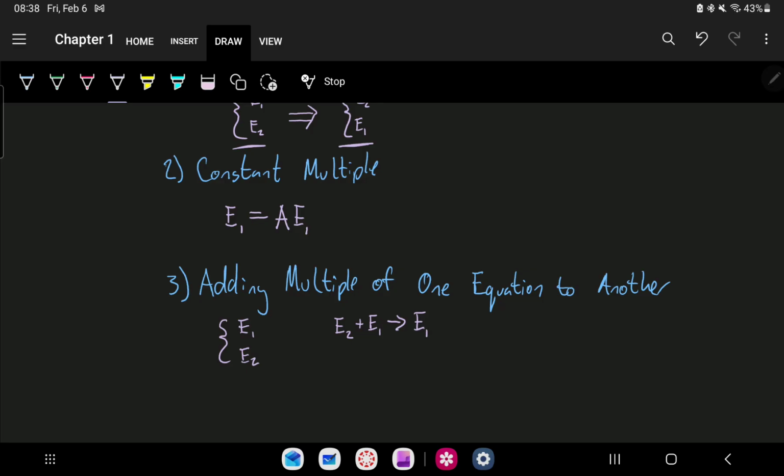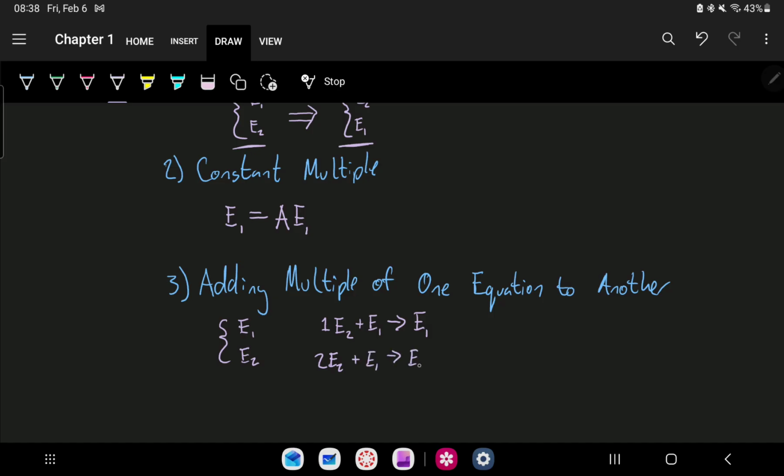I'm going to emphasize that because you can essentially think of this as adding a multiple of one equation. So think about adding a multiple of E2, and then we're going to add that to E1. Similarly, it can be 2 times E2 plus E1.